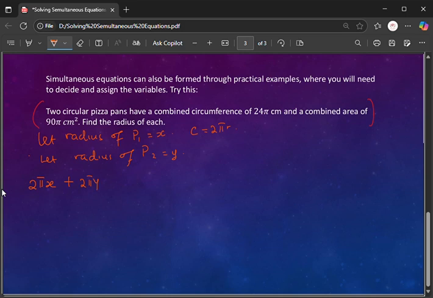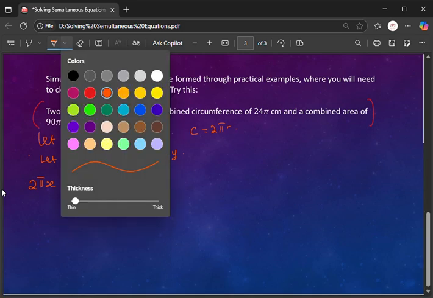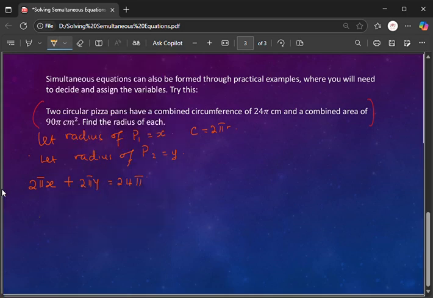Okay, this is circumference. Combined circumference is 24 pi. So you see that simplifying this will cancel out the pi, and we shall have an equation 2x plus 2y equals 24. We name that equation 1.